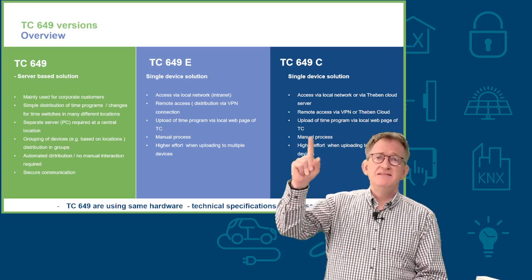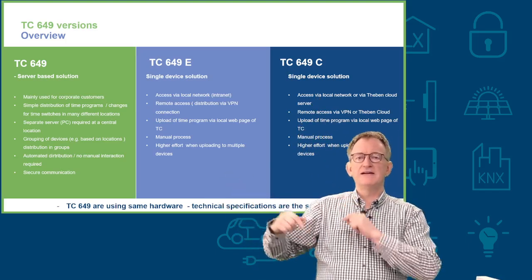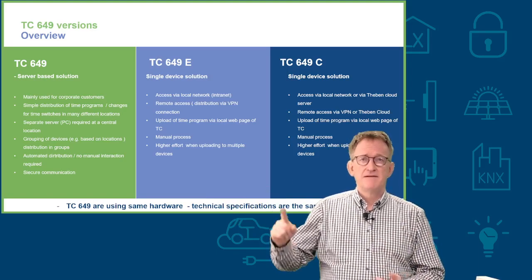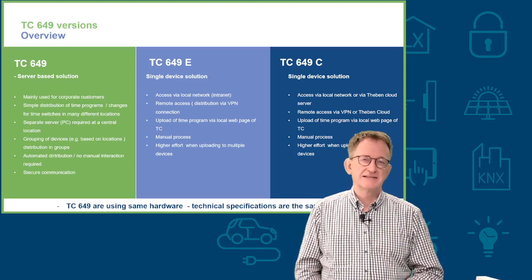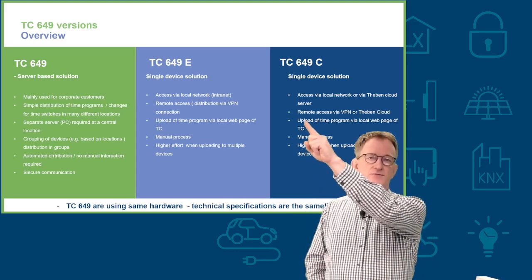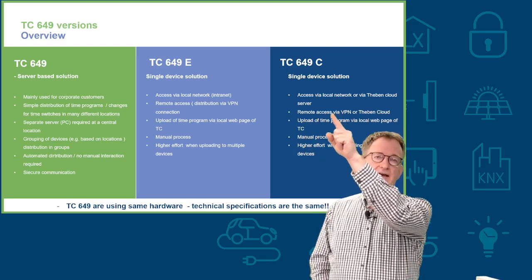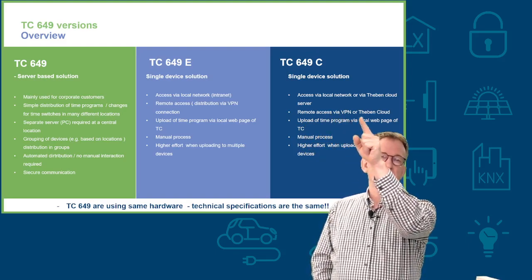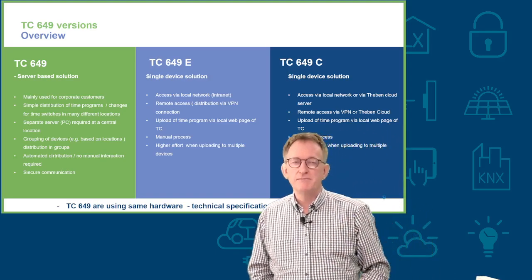Then we have the TC649C. The difference between these two devices is that the C also supports the Theben cloud access. That means that if you want to access the device via VPN, it's still working, but now you also have the option to use the Theben cloud service.